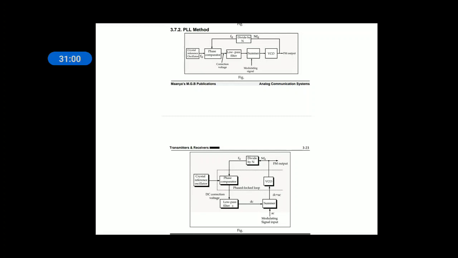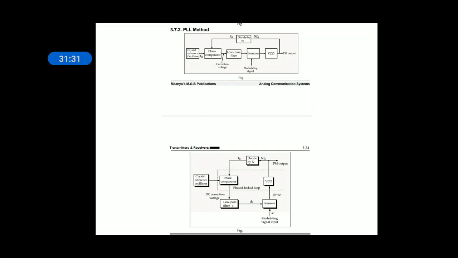For maintaining constant stability at the output, we will be taking the help of a feedback circuit, where a phase comparator is taken, which is given with a crystal reference frequency as well as the output of VCO via a divide by n counter, because FM generates high frequency which is divided by a number called n and generates a low frequency.